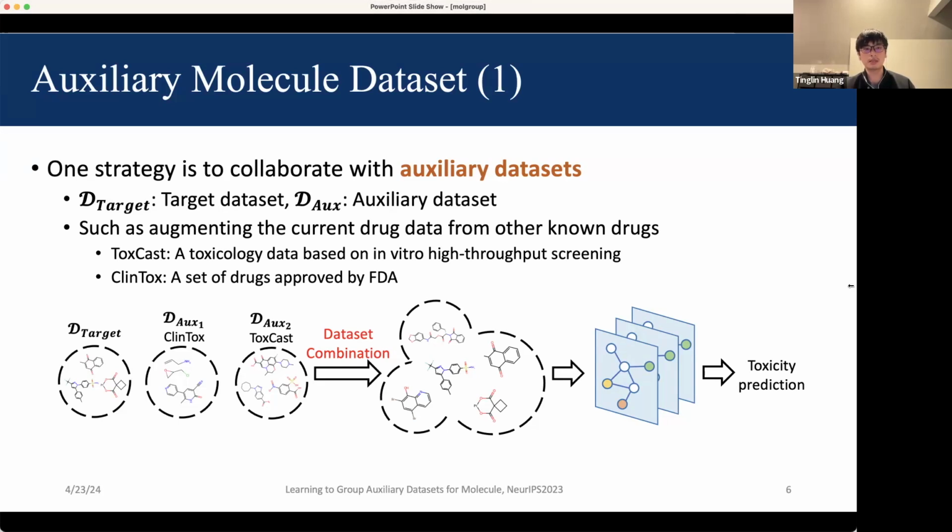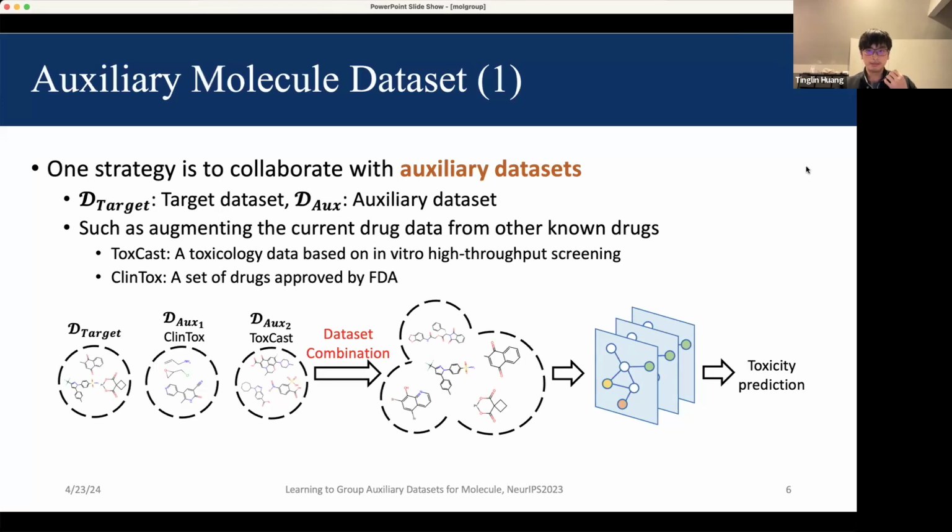The main idea is, given a target dataset that doesn't have many labeled molecules, we combine it with multiple auxiliary datasets. These could be larger datasets, and we hope they can transfer some useful or out-of-distribution knowledge to the model, so it can have greater performance.